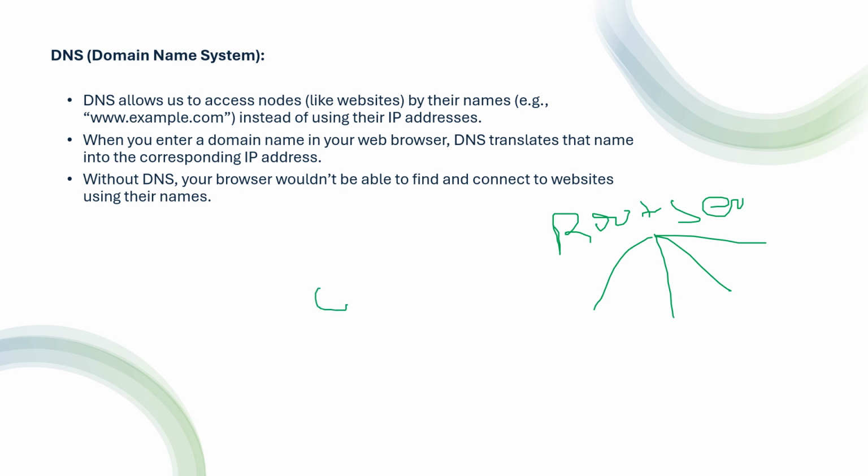Then it forwards the request to the .com directory, and there is a list of different .com domain names. Here it is a kind of directory in which the IP addresses of all the domains are present, and through here the IP address is present.